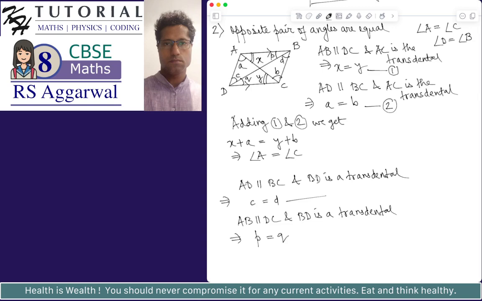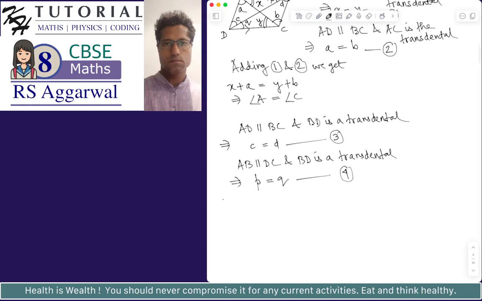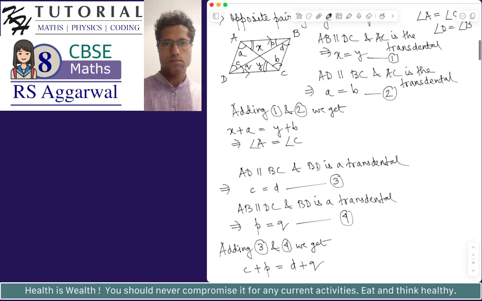So let's say this is equation 3 and this is equation 4. So adding 3 and 4, we get C plus P is equal to D plus Q. Now what is C plus P?